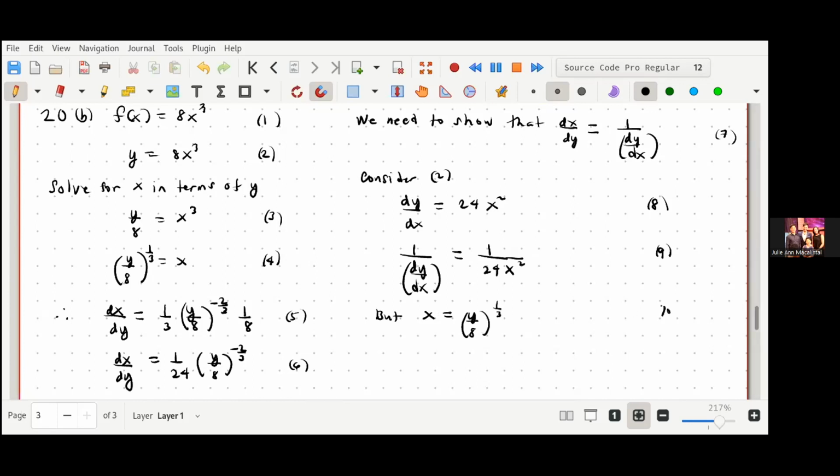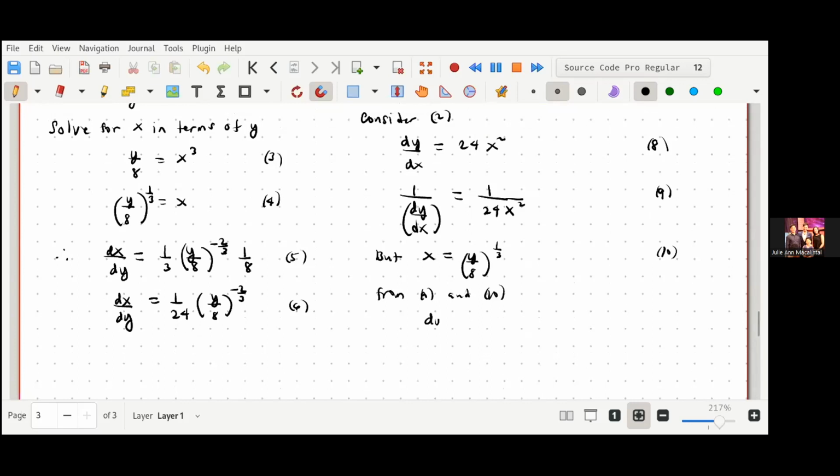So from 9 and 10, 1 over dy/dx is equal to 1 over 24, then x to the negative 2, which I'll write as (y/8)^(-2/3).